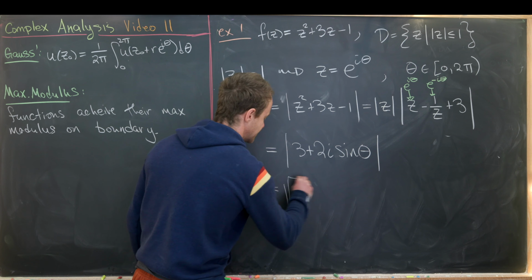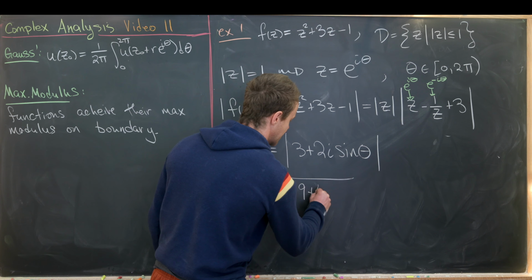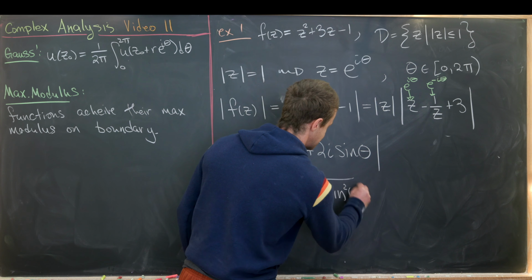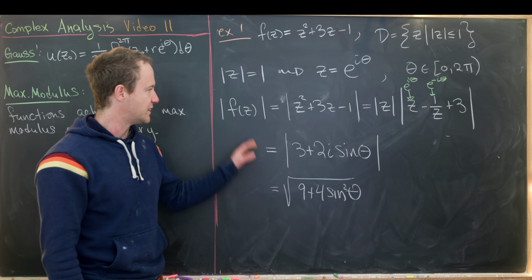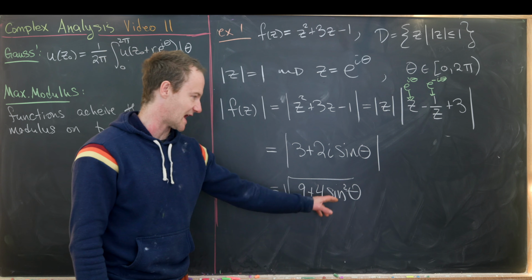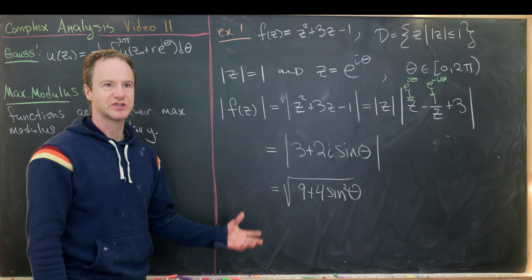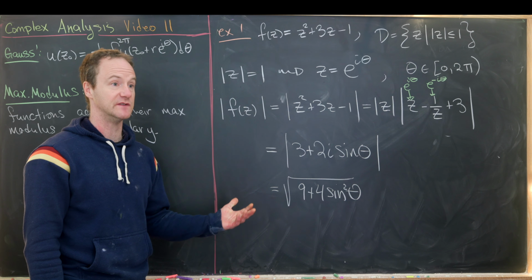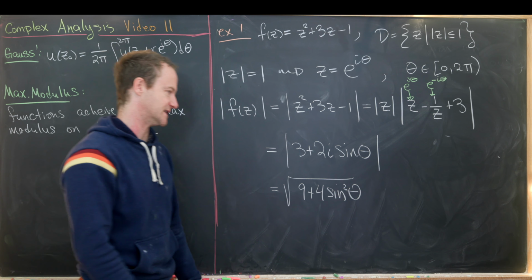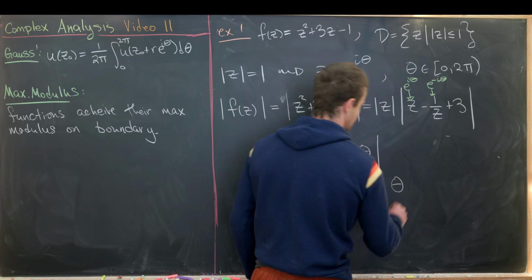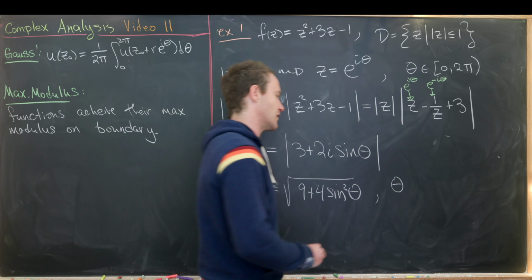Okay, but we can find the modulus of this pretty easily because we have real part plus imaginary part. And the modulus of this will be the square root of 9 plus 4 times sine squared theta. But notice this maximum will occur exactly where the maximum of sine squared occurs, which is where sine either achieves the value of 1 or minus 1. So sine achieves the value of 1 at pi over 2.